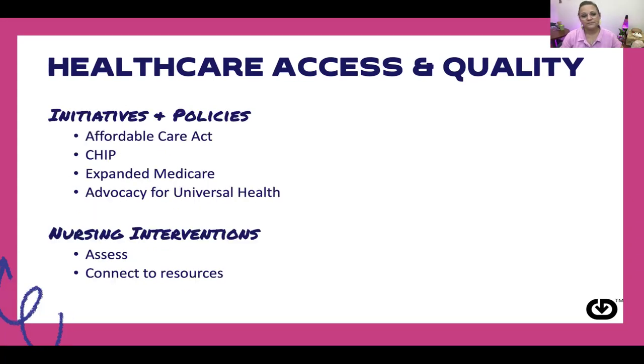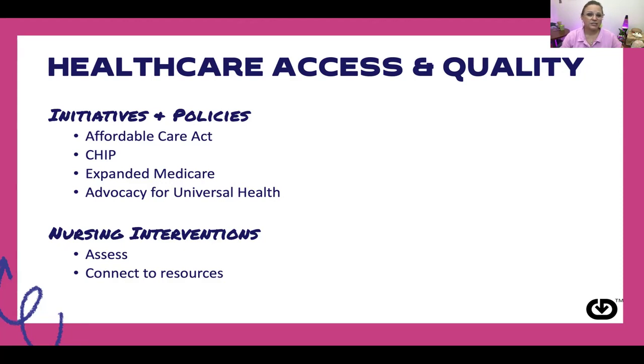There are a number of initiatives and policies that have been built to help address this social determinant of health. The Affordable Care Act of 2013 helped to increase and expand coverage to millions of more Americans. CHIP is the insurance for children whose parents do not qualify for Medicaid but can't afford private insurance.